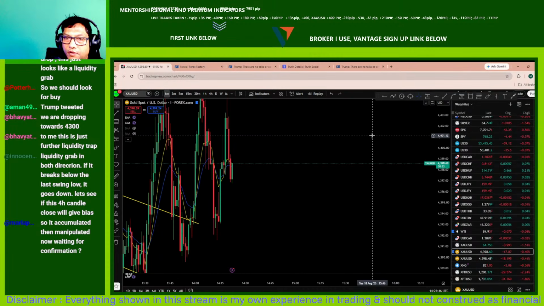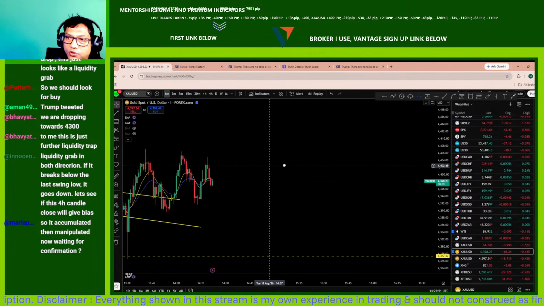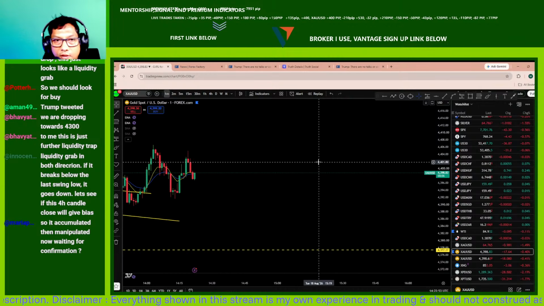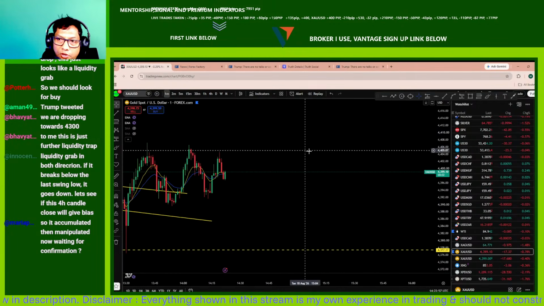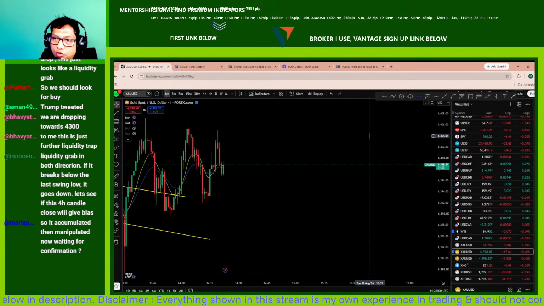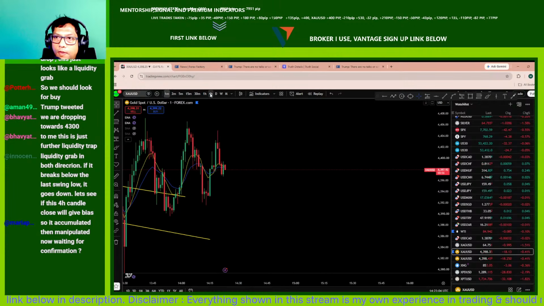I think the market might be maintaining a very interesting market structure. There's another breakout structure that can break to the upside, where we're looking to potentially see it revert back in the direction of the trend.